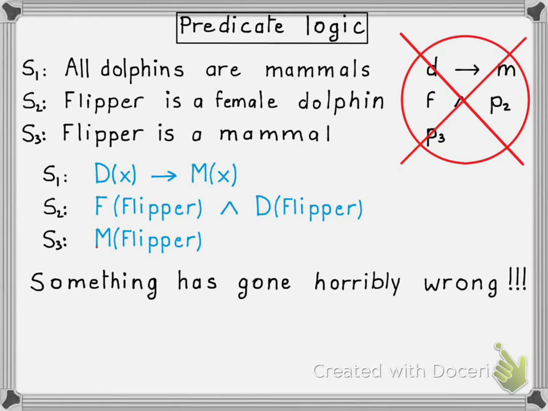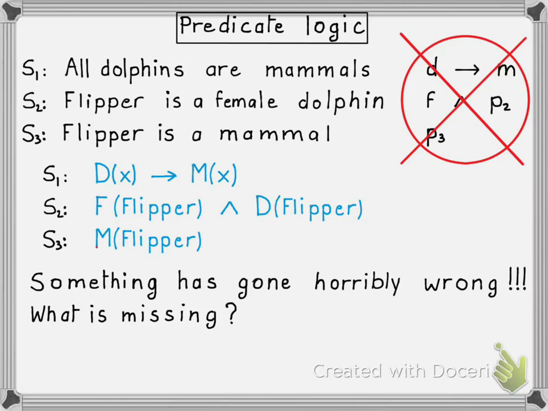So what mistake did we make when we translated this sentence S1 into predicate logic like this? Well, we were partially correct, but we actually missed something quite important. So look at S1 and try to determine what's missing in this corresponding predicate logic expression.